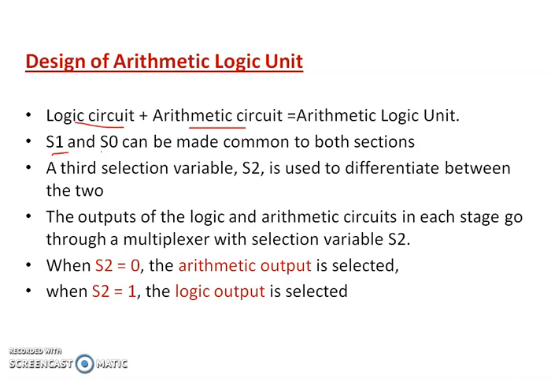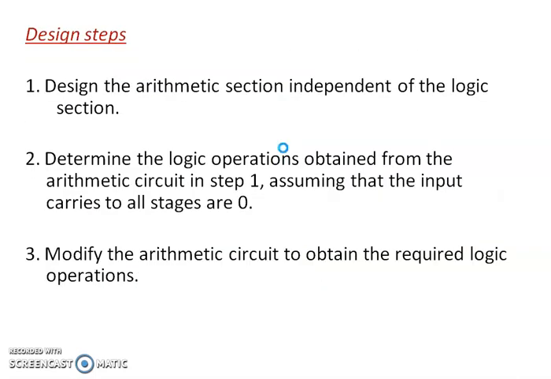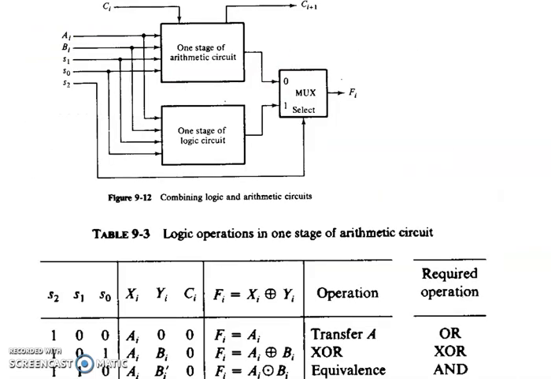So S1 and S0 can be made common to both the sections. Like this diagram, see here. You will have an arithmetic circuit and a logic circuit, in which S1 and S0 are shared by both the circuits.